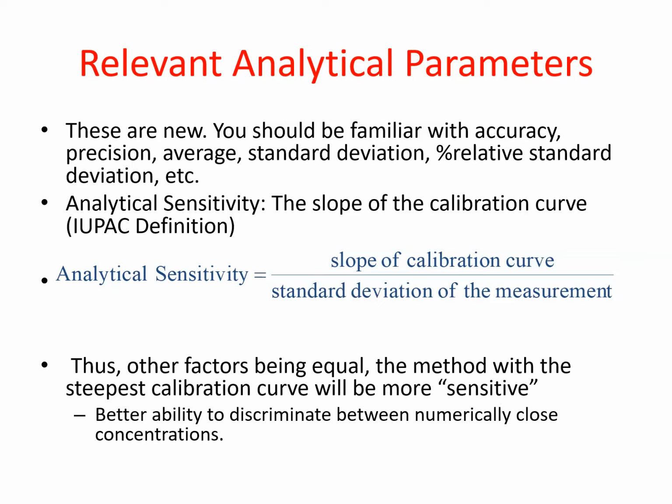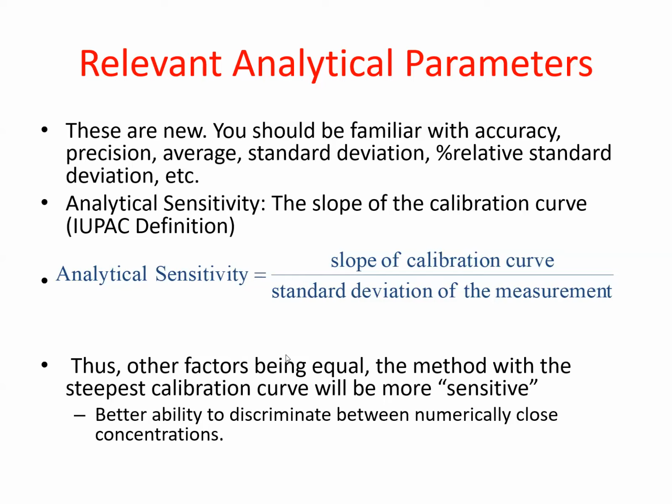For a very small change in concentration, you have a big change in the signal. So if you have a better sensitivity, that will be a better ability to discriminate between numerically close concentrations.